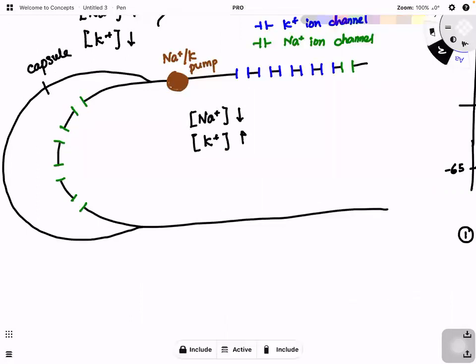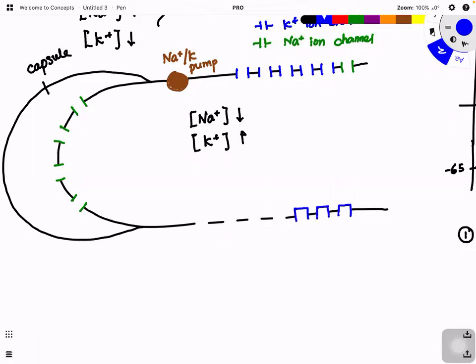Next, we do have some special ion channels. These are potassium ion channels, but can you see that they are gated? And the sodium ion channel is also gated. Now look at this.